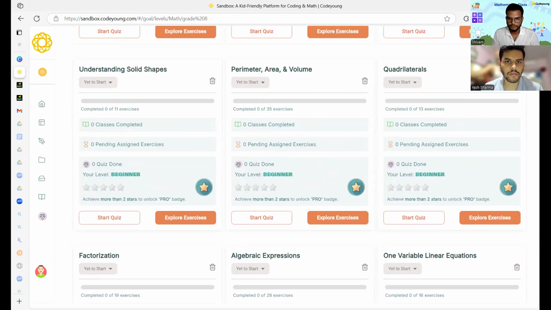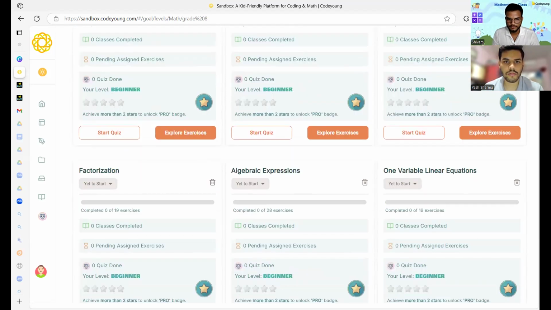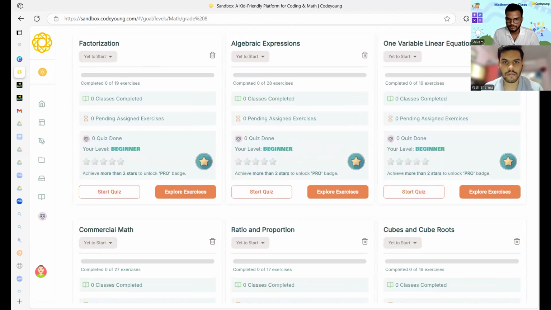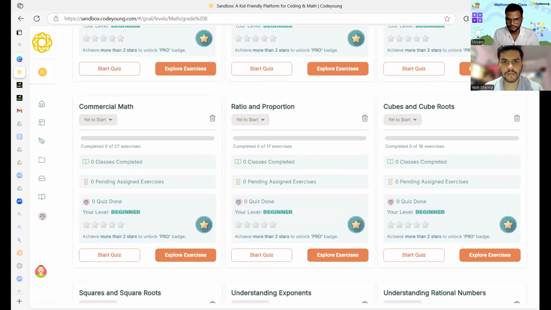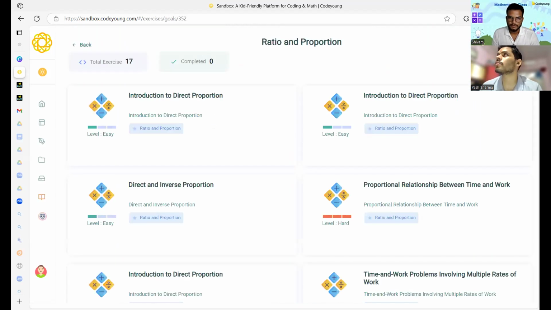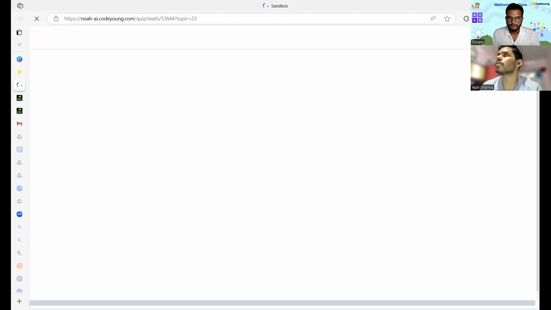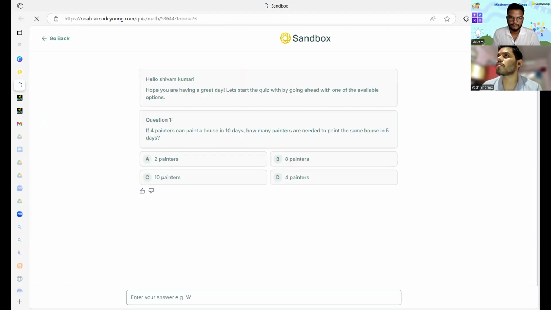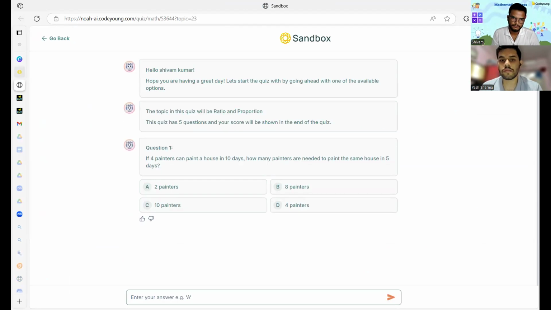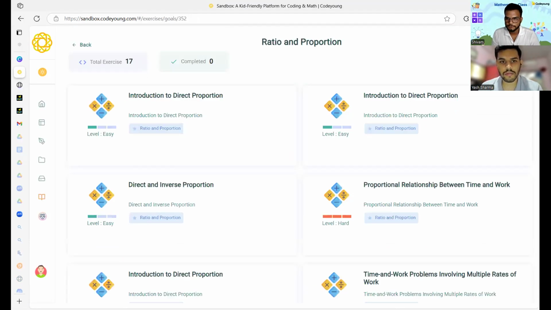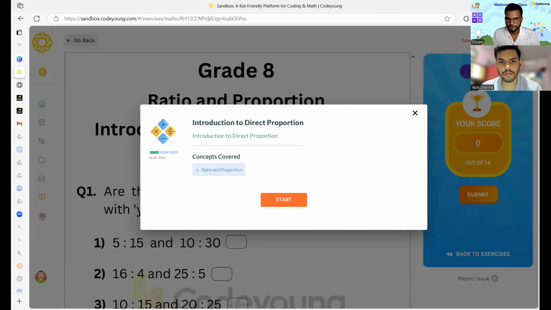So we have to go with algebraic and not algebraic. It was ratio. So this is direct proportion.